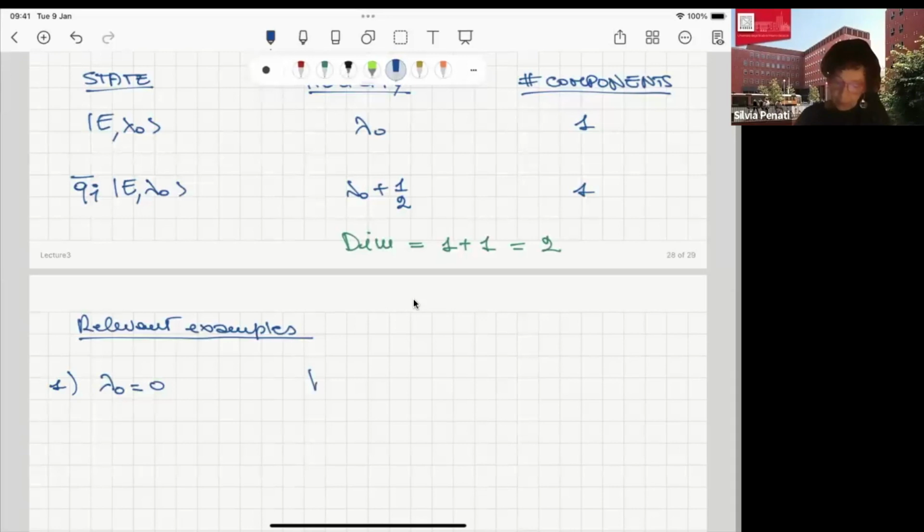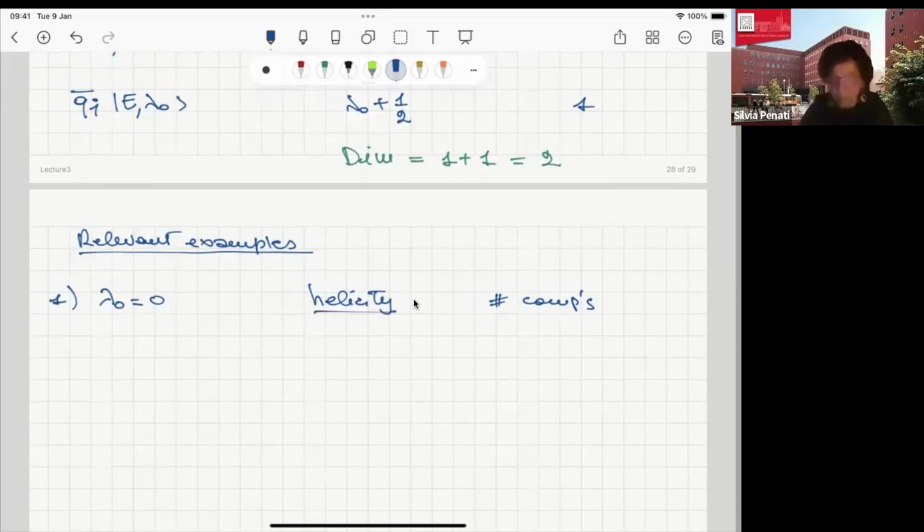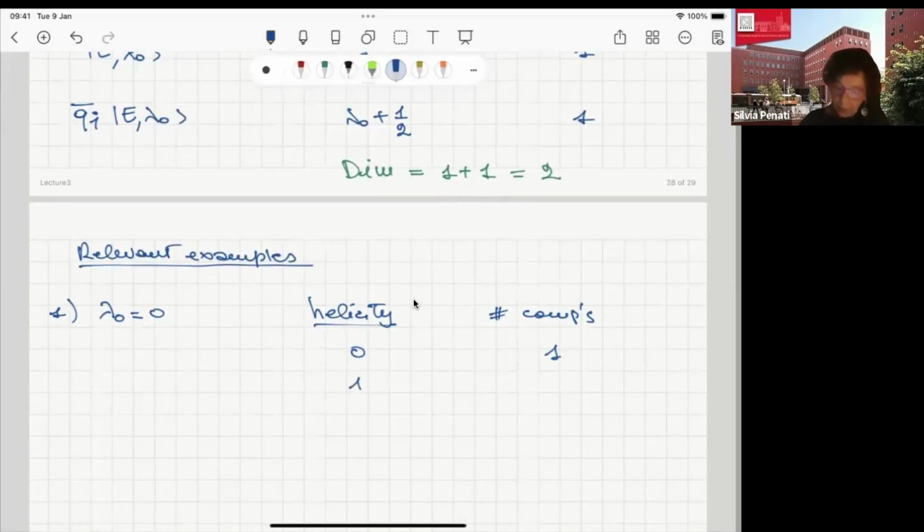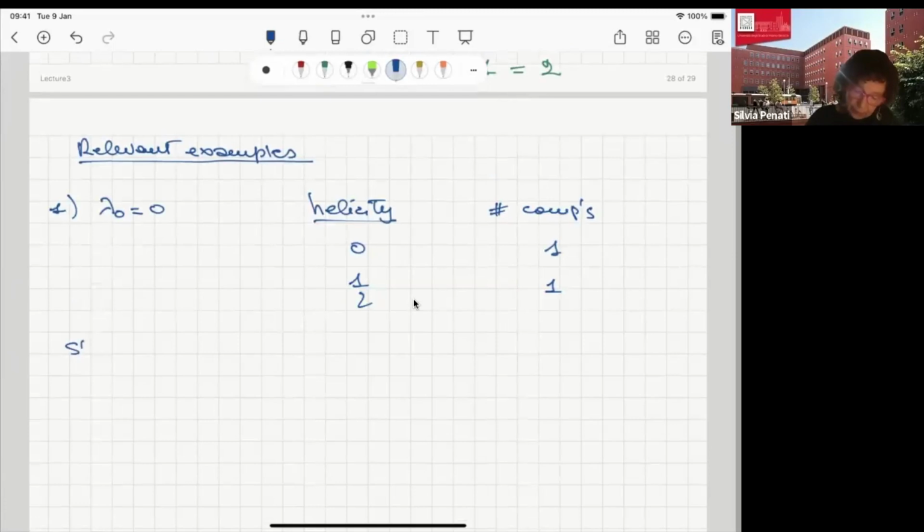Let me simply list the set of helicities and the number of components. So in this case, the starting point, the helicity is 0, and we have a number of components 1, and then we have helicity 1/2 and number of components 1. Okay, so we have a spectrum of helicities, which is 0, 1/2.